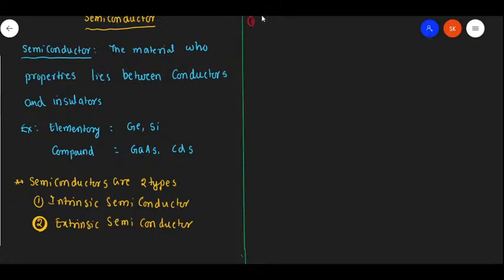Now, the first one is the intrinsic semiconductor. What is an intrinsic semiconductor? The pure form of semiconductor is called an intrinsic semiconductor. Pure form of semiconductor means without any impurities.